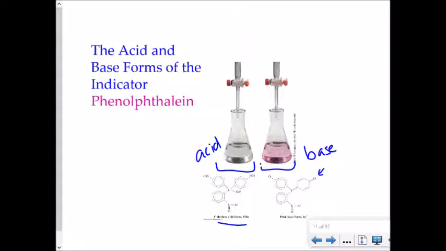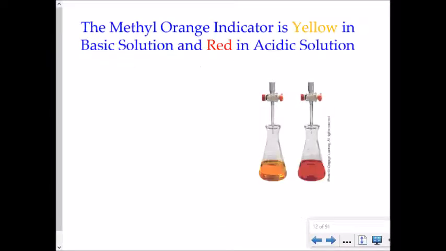So phenolphthalein is one that we use a lot, just really for a generalized acid-base. Is it an acid or base for the solution? The methyl orange indicator is yellow in basic solution and red in acidic. Although here, I know it looks kind of more like an orangey color, but really they call that yellow.